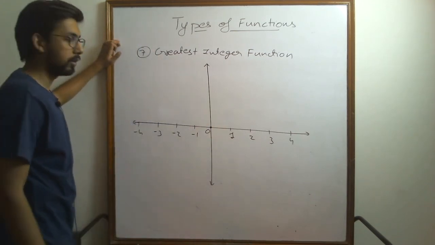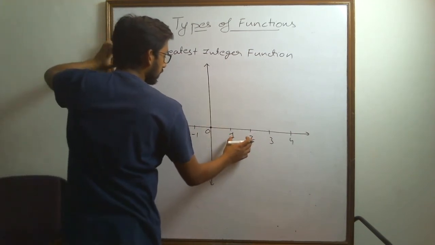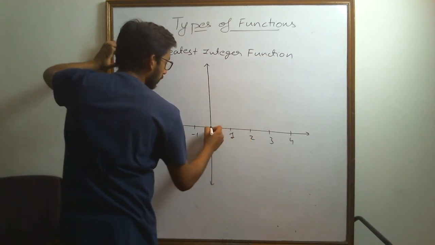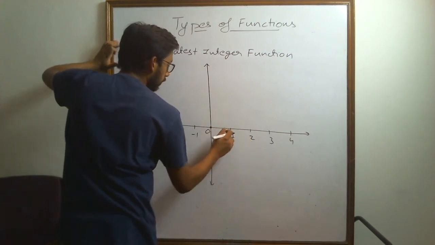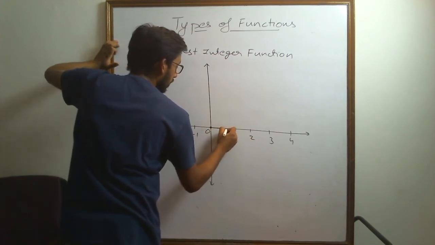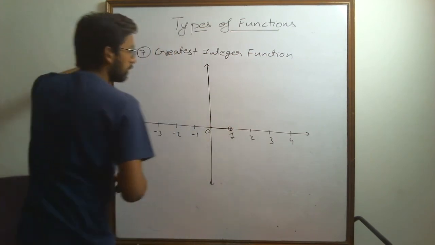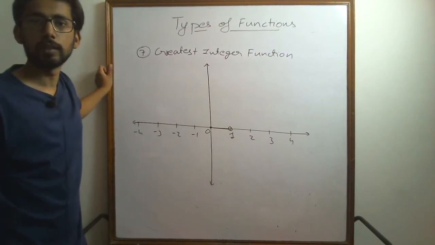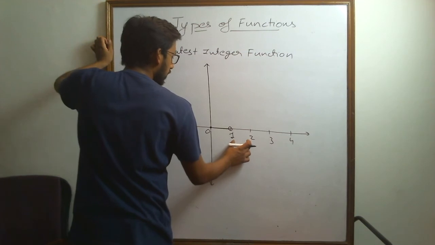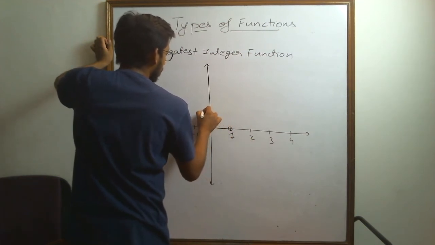So we make a dot there. This means that for all values from 0 to 1, y is equal to 0 like this, but x is not equal to 1 here. So we make a small circle here. In the interval where x is greater than or equal to 1 and less than 2, y is equal to 1.